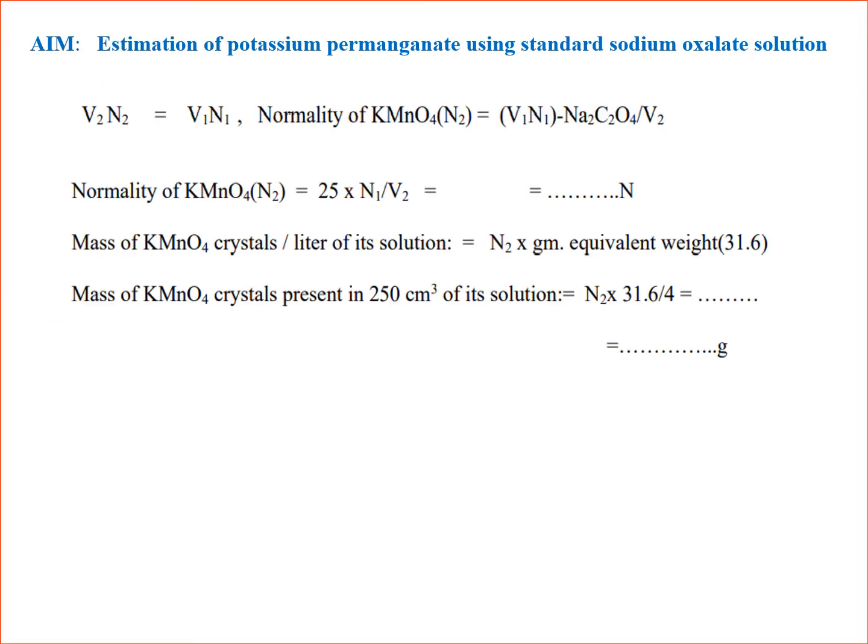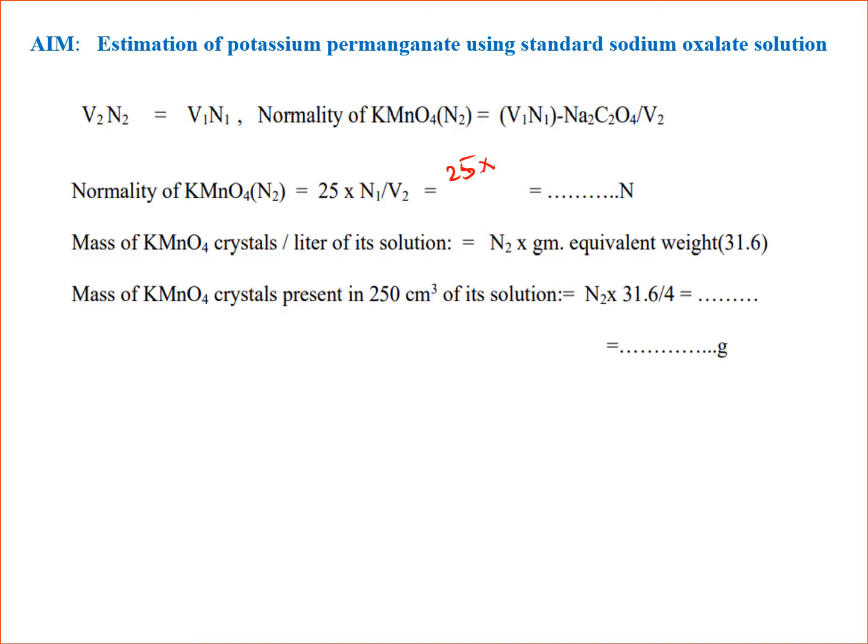The calculation is very simple because you want to calculate the normality. The formula is N1V1 = N2V2. If you want to calculate the normality of KMnO4, V1 is the volume of sodium oxalate, 25 ml, so you can put 25.